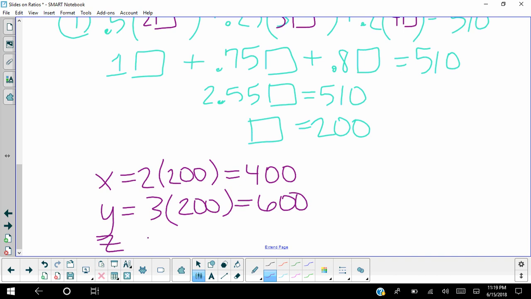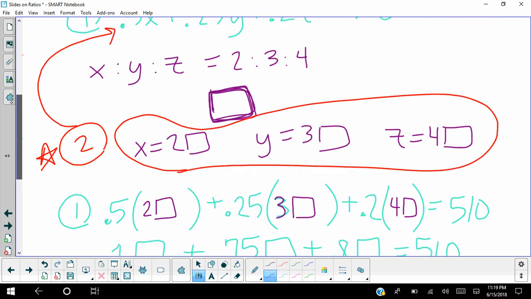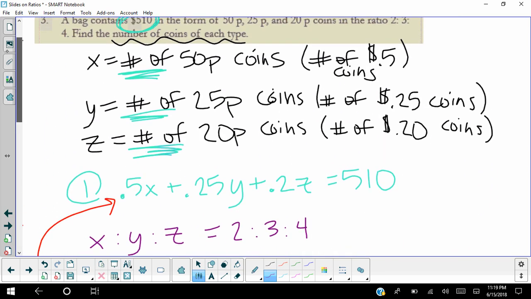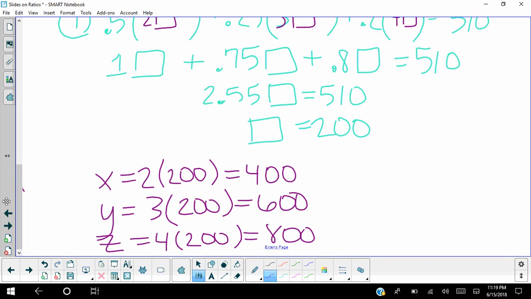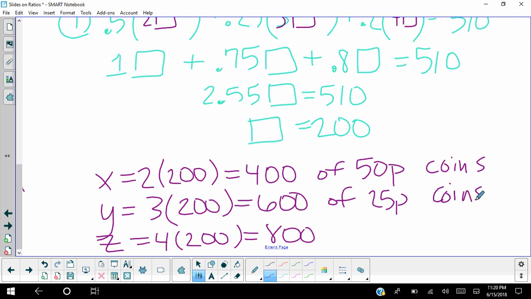And Z was 4 times the box, so 4 times 200 is equal to 800. So there are 400 of the 50-cent pieces, and then 600 of the 25p coins, and then 800 of the 20p coins.